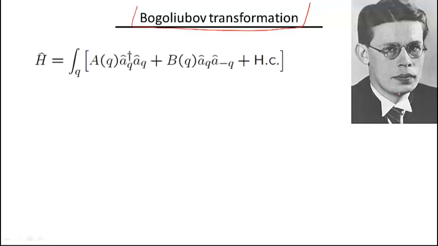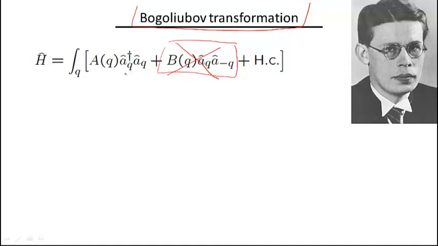So let's look again at this Hamiltonian that we have for the original creation and annihilation operators a sub q dagger and a sub q. Again, as I said, our strategy would be to correct in some sense the definition of the creation and annihilation operators, so that we can get rid of this unwanted term.